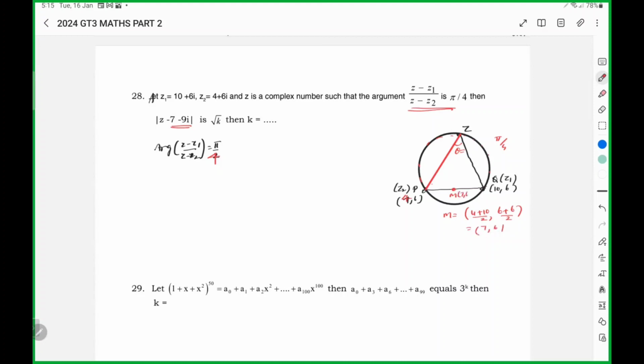So this point's coordinates are 7 comma 6. It is even the center's x-coordinate, because y is fixed, parallel to the x-axis. So what I have to find out is the y coordinate.